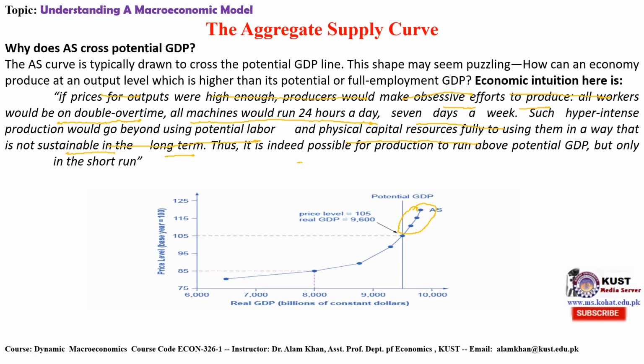Thus, it is indeed possible for production to run above potential GDP, but only in the short run. In this case it is called an overheating economy, but this is possible only for a short time period.